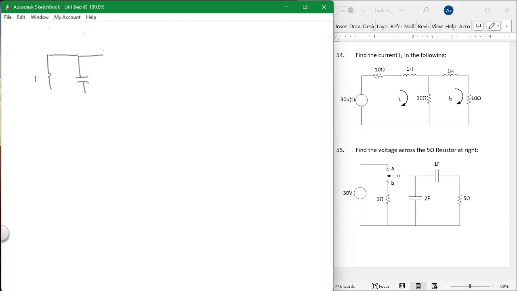Another capacitor sitting here with a voltage on it. We've got 5 over here. Okay, so we've got 1, 5, 1, and 2. What would be the voltage sitting on this one? It's 30. What's the voltage on this one? It's also 30.